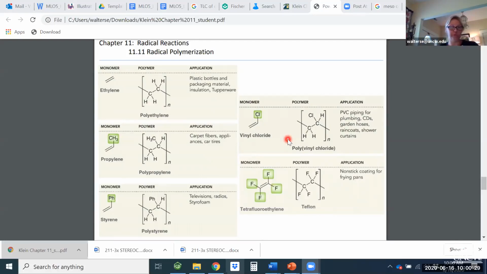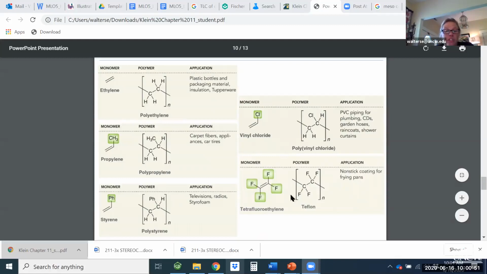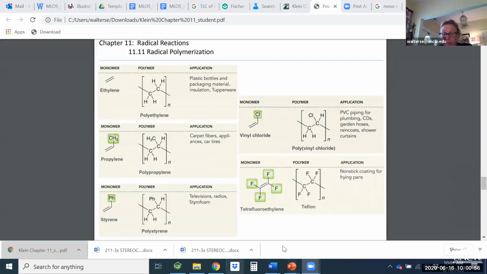I will go through the formation of a small polyethylene, just because the reactions tend to get a little messy, and then the way they're drawn looks a little funny. But are there any questions so far about this type of table or what you need to know from it, or anything that we've talked about with polymerization up to this point?